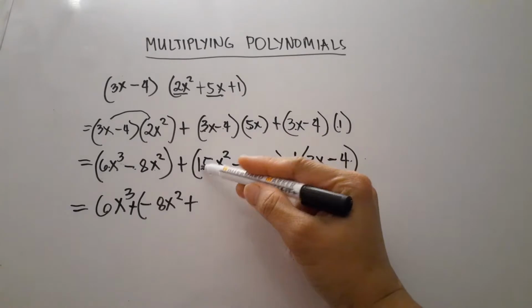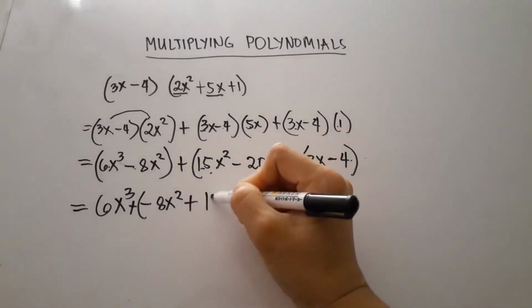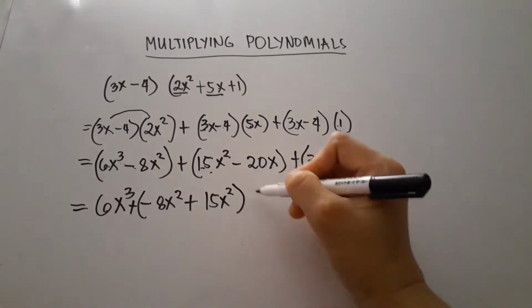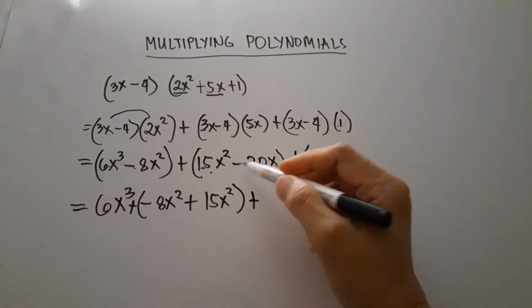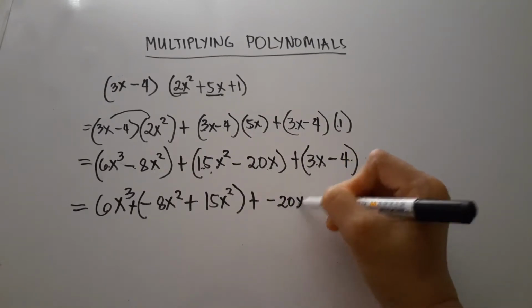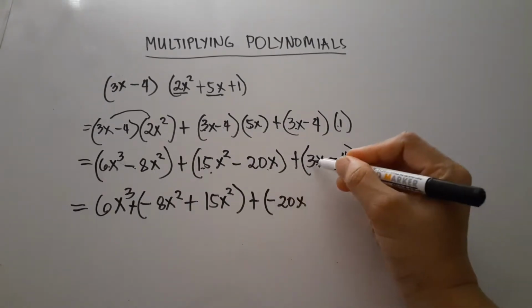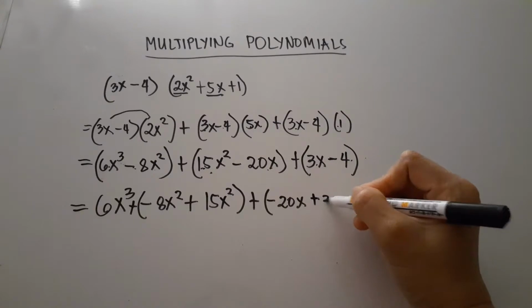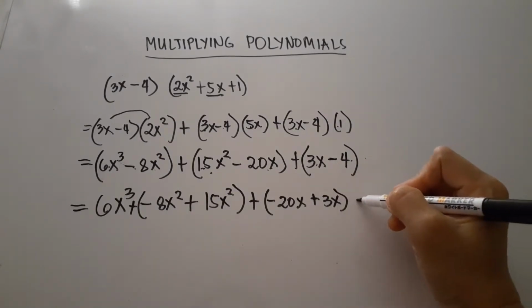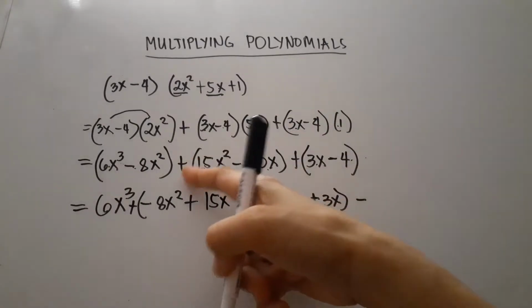Negative 8x squared plus 15x squared, plus negative 20x, plus 3x, then plus negative 4.